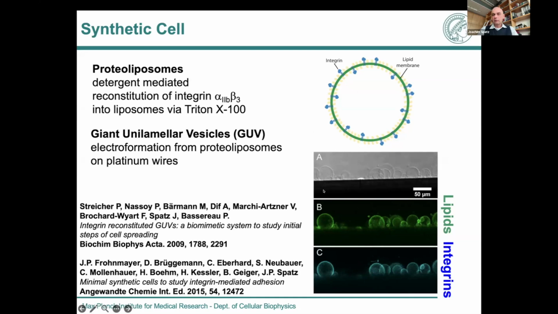What you see here could be partly reproduced, but it was difficult to increase complexity by adding other molecules. The main point is that these GUVs are mechanically too weak. Whenever they see an interface, they more or less fall apart, and if you think about manipulating them further, it's very difficult. It's not totally impossible, but very difficult to get quantitative, reproducible experiments.